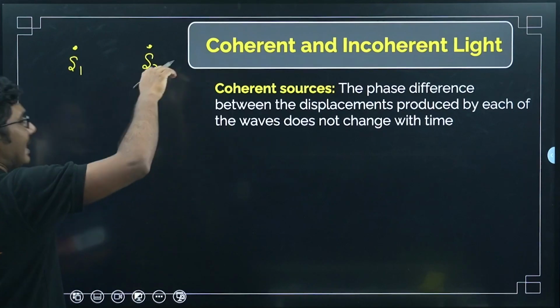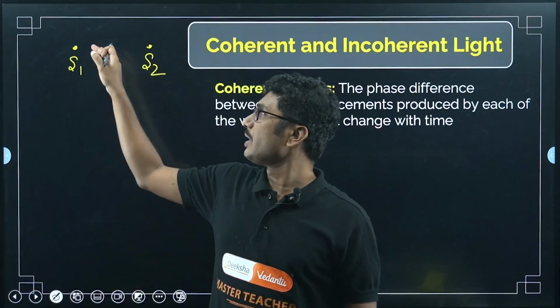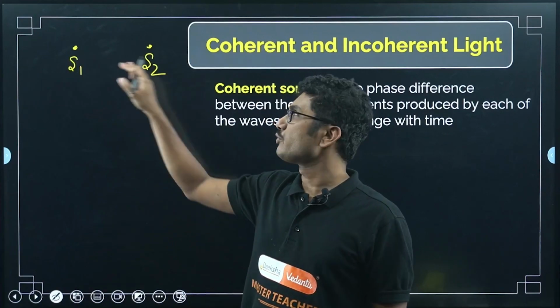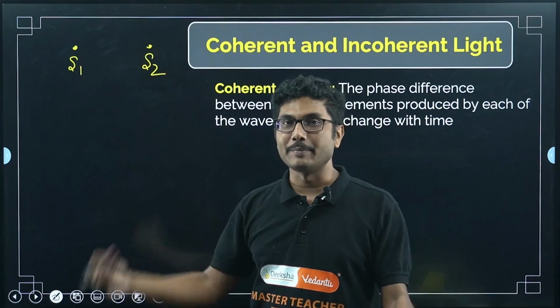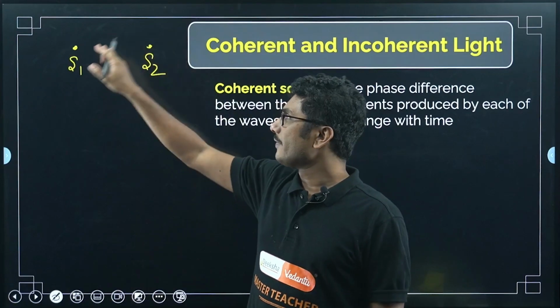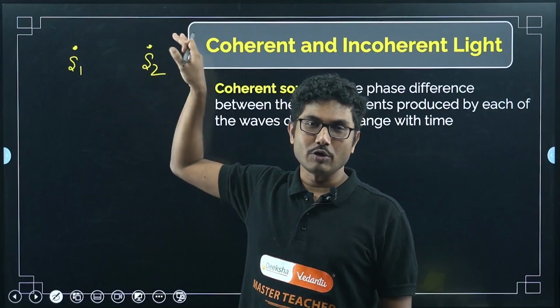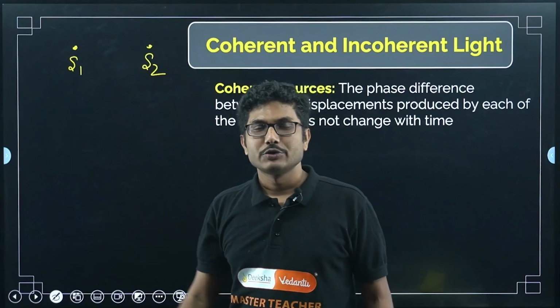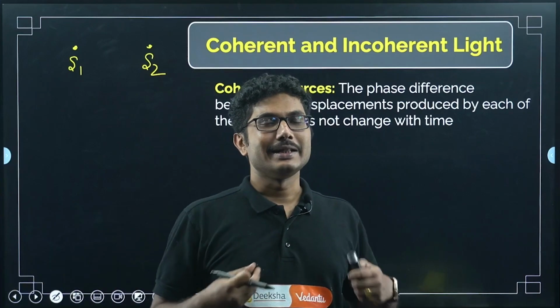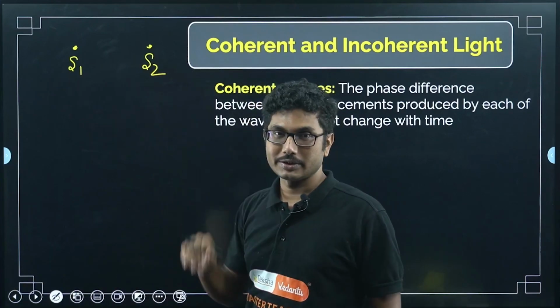When S1 is awake, S2 is also awake. When S1 is eating, S2 is also eating. So whatever S1 is doing, S2 is doing the same thing at the same time. When S1 is studying, S2 is also studying. If S1 is going to college, S2 is also going to college. So two students doing everything similarly are called coherent students.